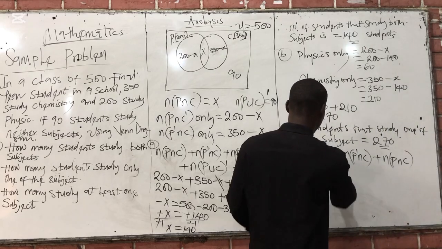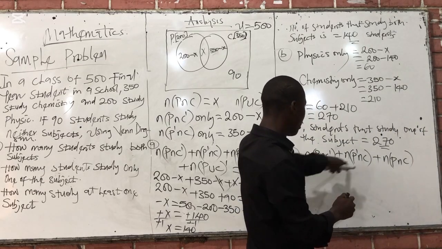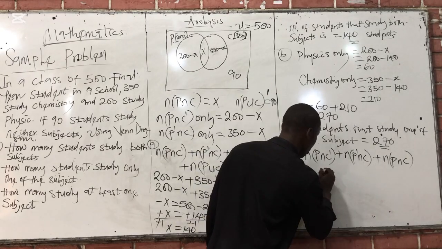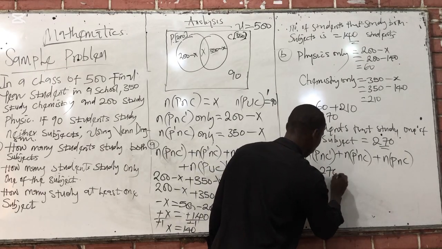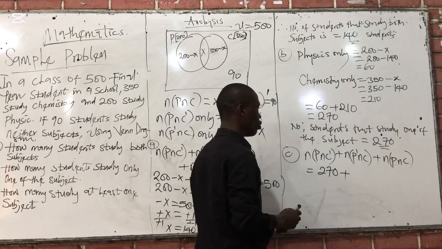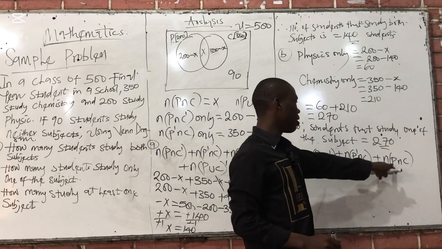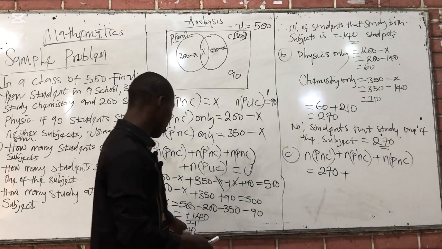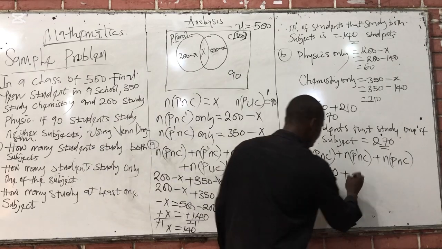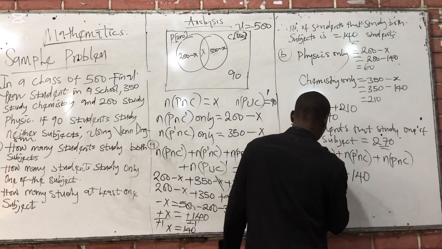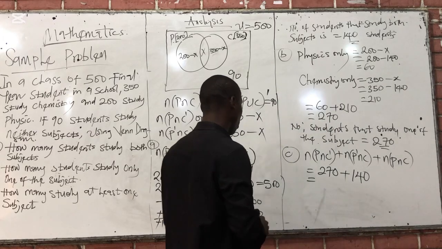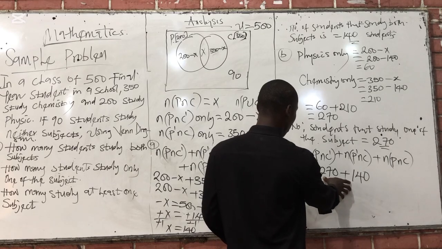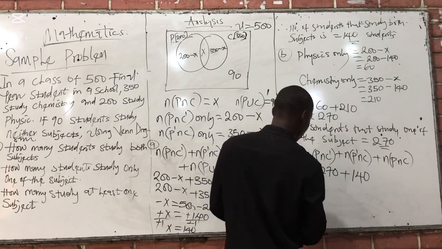The number of students that studied physics only and chemistry only, we know it to be 270. Then plus the number of students that studied both chemistry and physics from our solution, which is 140.